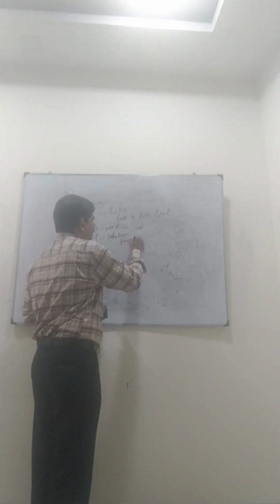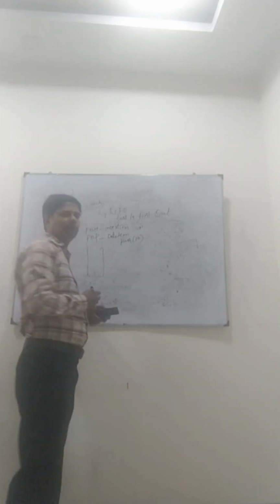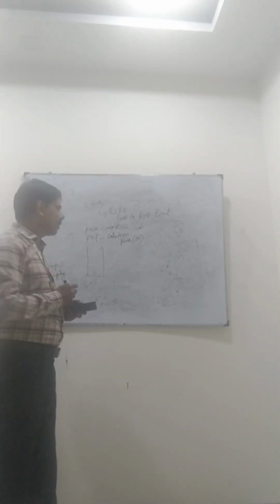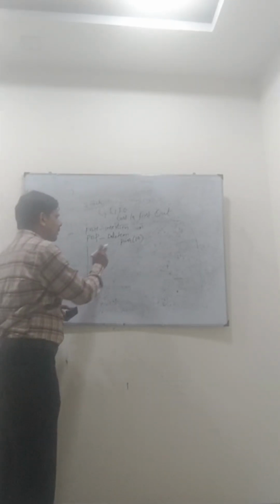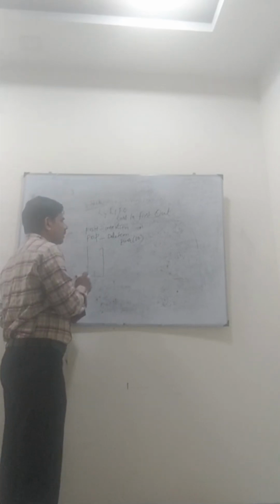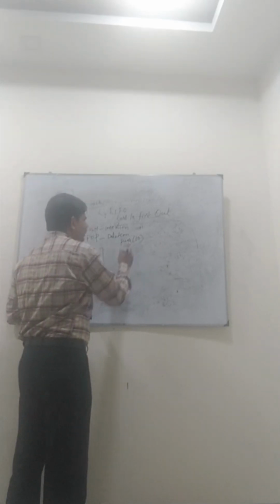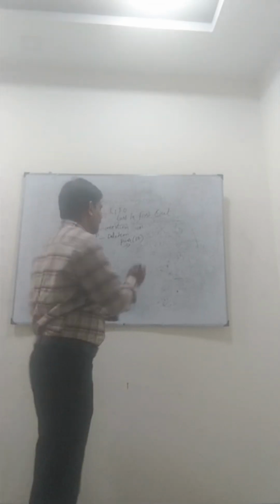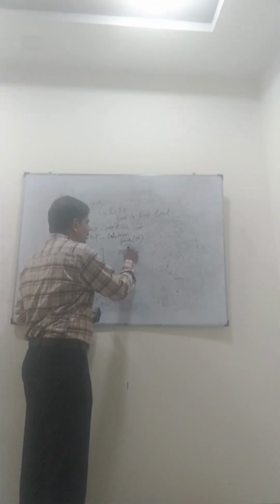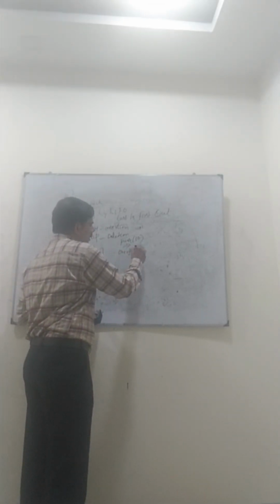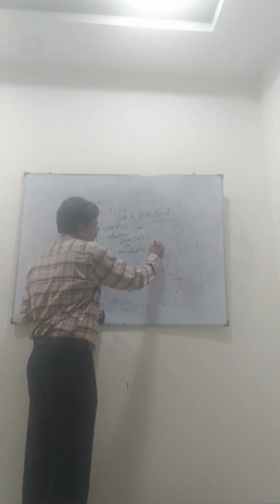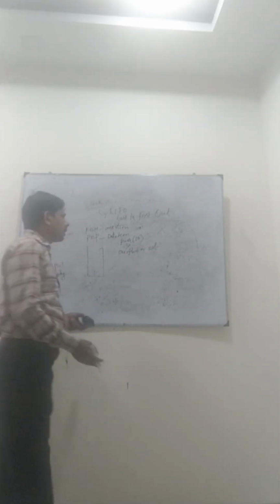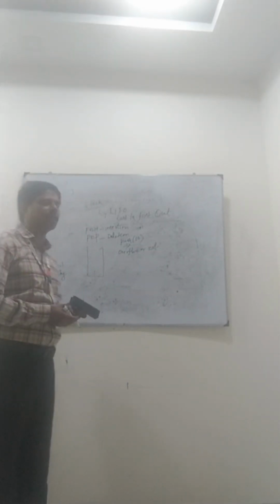Now push, for example, push of 10. We are going to insert the element 10 into this stack. To perform the push operation, first we check whether the stack is overflow or not, whether the stack is full or not.